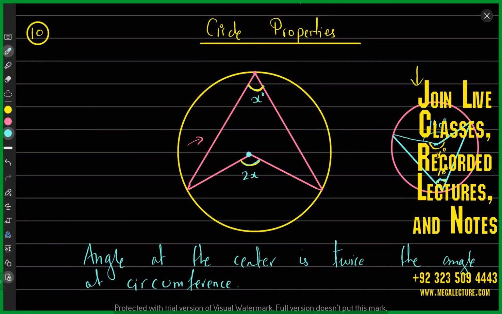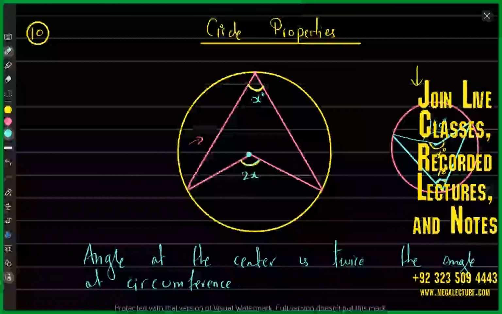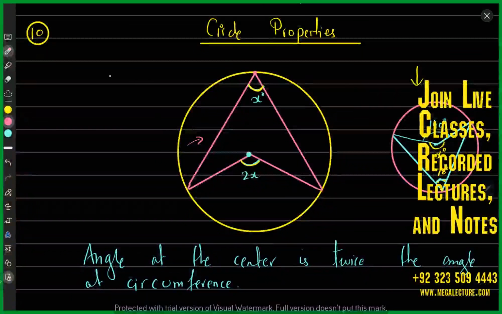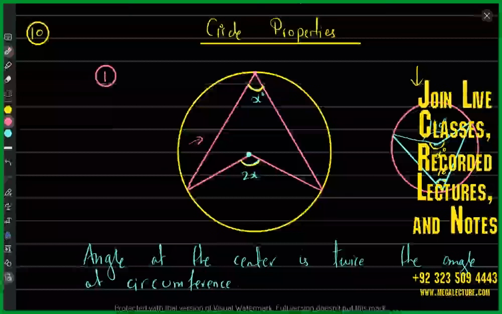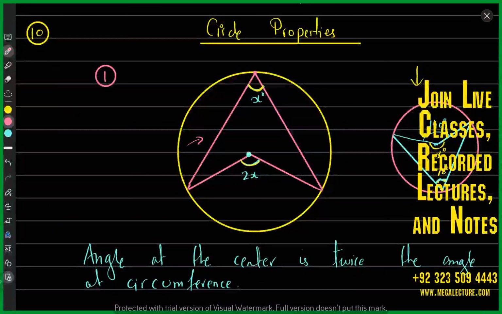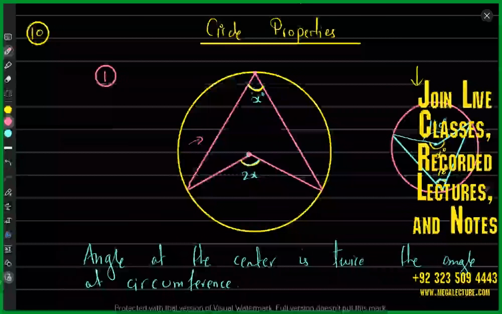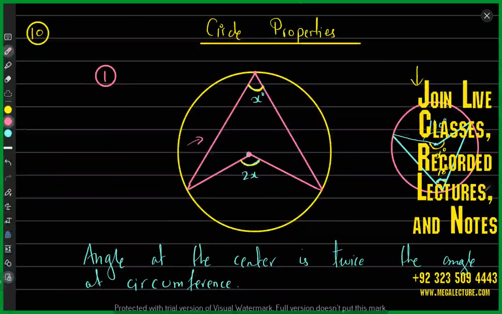Yes, I'll tell you. For this we have used the first property of circle theorem. Technically, this is the 10th property, but we have just started talking about circles, so this is the first property. The first property says, if you have a circle and two angles, one angle is at the center, like this is the center of the circle, this is the center angle, it's 2x, and this angle is at the circumference. The rule says angle at the center is twice the angle at the circumference.